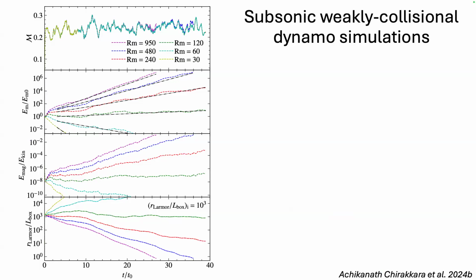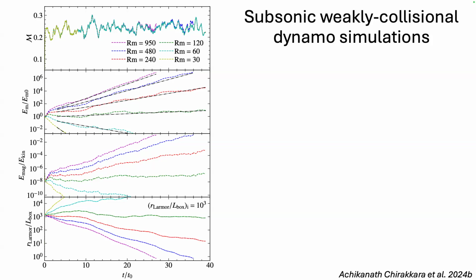So, okay, finally, back to some simulation results that I did. This is a time evolution plot. This is at Mach number 1/2, so it's a subsonic plasma, and this is the evolution of the magnetic energy for a lot of different magnetic Reynolds numbers. For the really large Rm, you can see this very sharp amplification that's happening, and that's what you want to see to say that okay, this is a turbulent dynamo appearing in the system.